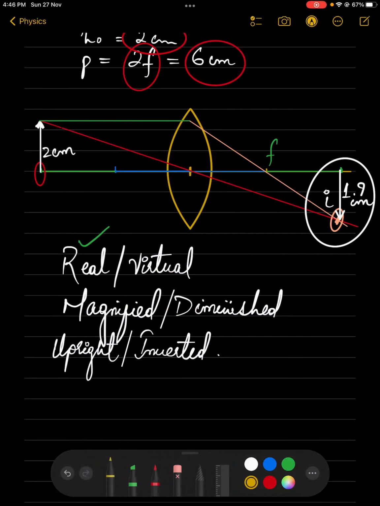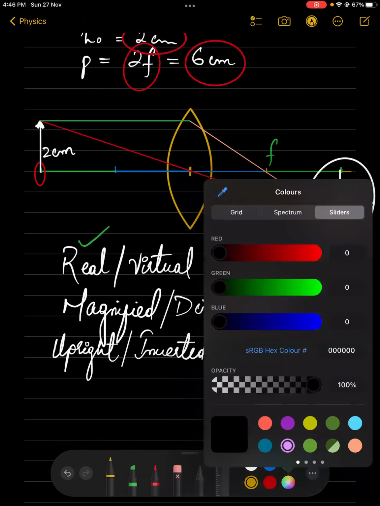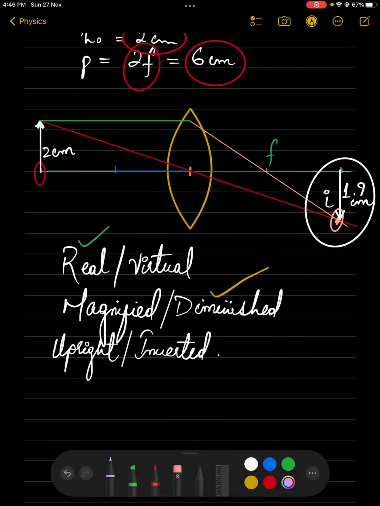Now, moving forward, we have the second condition which is magnified or diminished. तो आप में से कोई बता सकता है whether my image is magnified or is it diminished? The object was 2 centimeter, the image is 1.9 centimeter, so I would consider it to be diminished. Very good. Now the last one is upright or inverted. तो मेरी image upright है या inverted है?